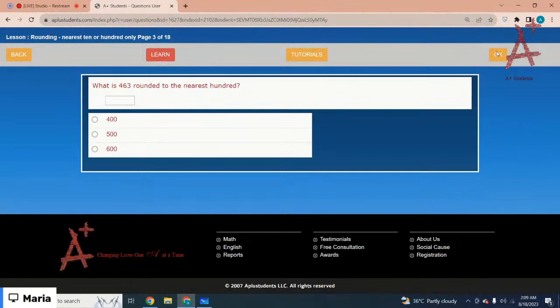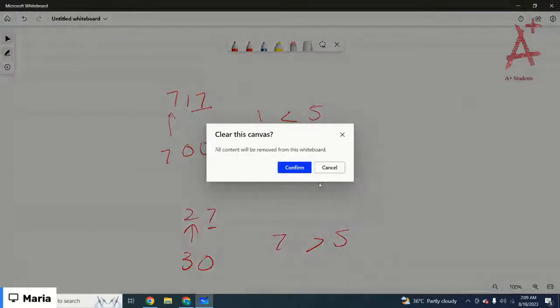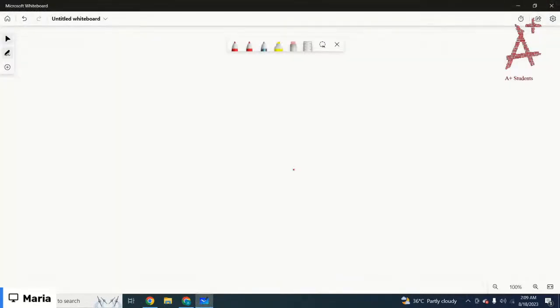Okay, the next one is, what is 463 rounded to the nearest 100? Okay, so 4 is at the hundreds position, right? The next digit after 4 is 6. You have to compare this digit to 5. 6 is greater than 5, right?